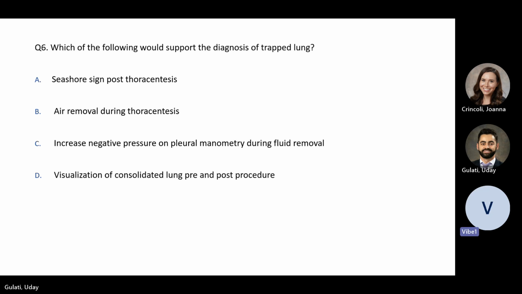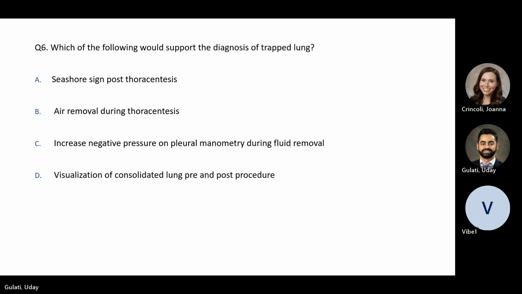I was thinking D, I don't know. Yes, D. D is referring to findings on ultrasound. So the answer really is all of them, right?